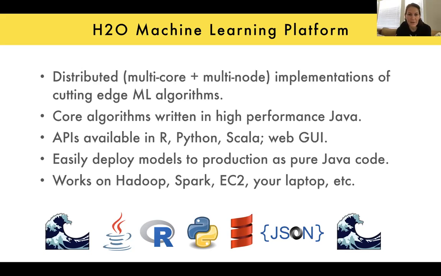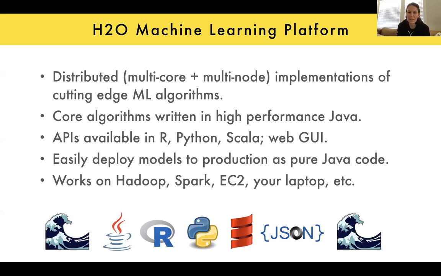And then another goal was to make something that you could deploy into production. What was happening back then, and still happens a lot now, is that people prototype in R and Python, and then if you're at a company like eBay or Amazon where you need to produce predictions really, really fast at a large scale, you have to use more high performance code.